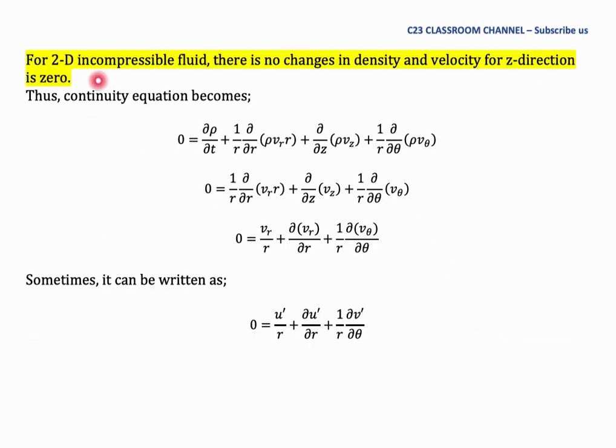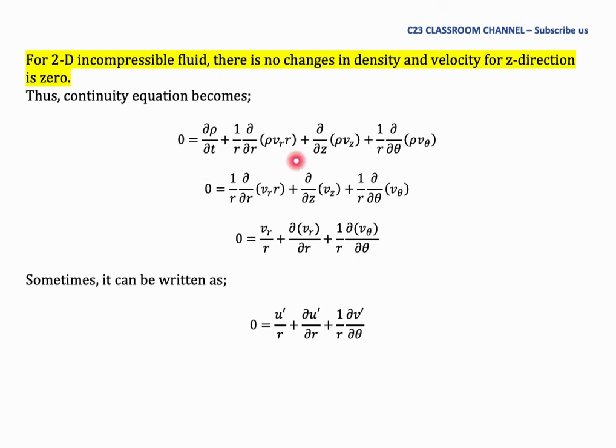If we are only focusing on two-dimensional, an incompressible fluid means there is no changes in density and the velocity of z direction is equal to 0, the continuity equation can be written like this. There are no changes of density, so we could assume that del rho over del t here is equal to 0.